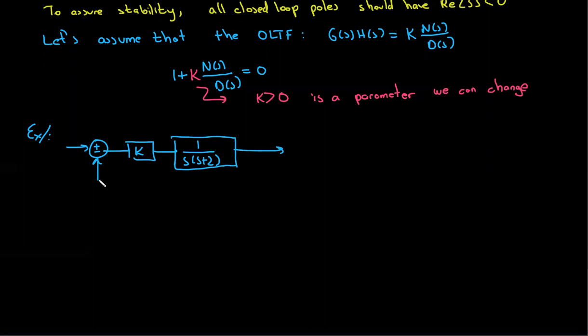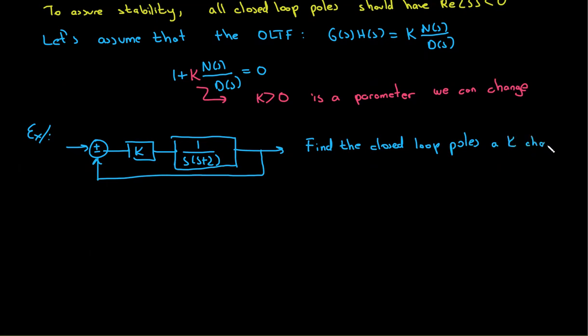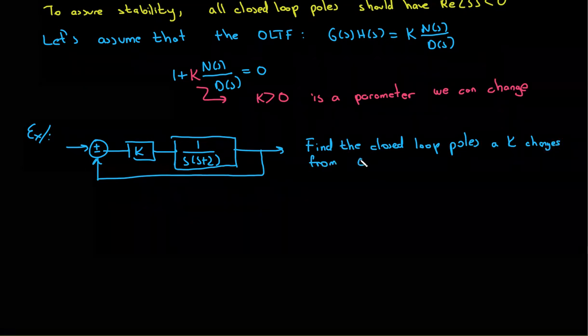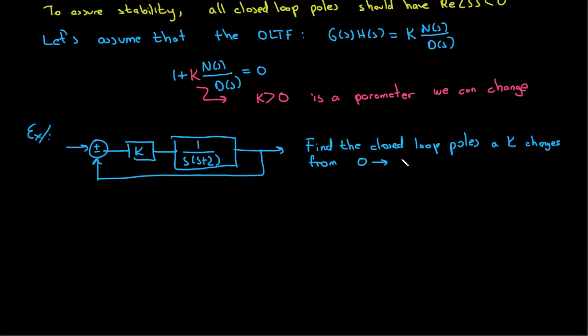And we have unit feedback. Something like that, okay? And what we would like to do is to find the closed loop poles as K changes from 0 to infinity.